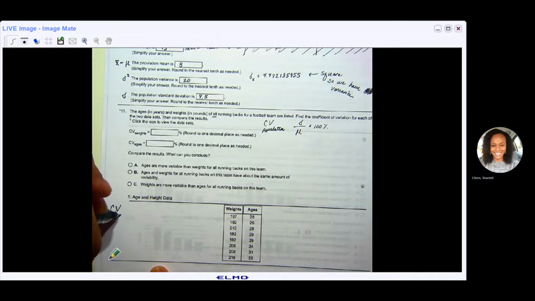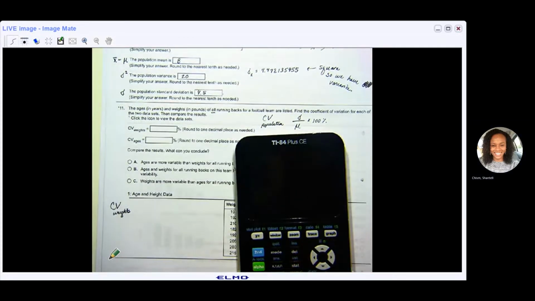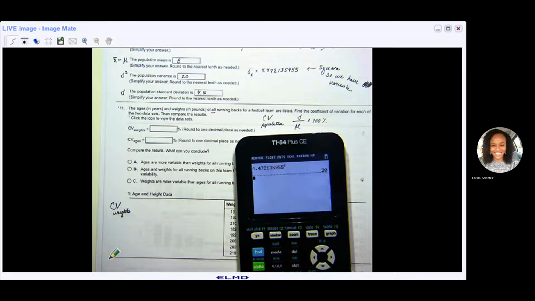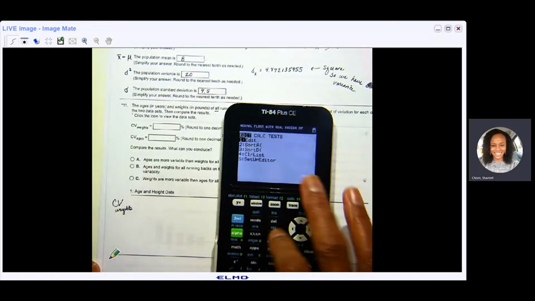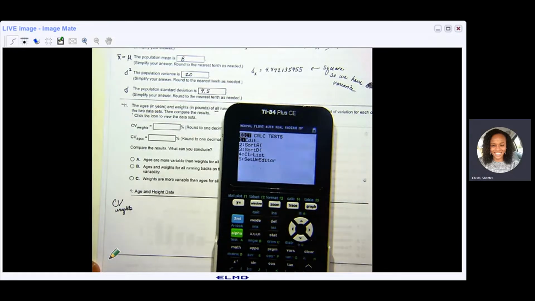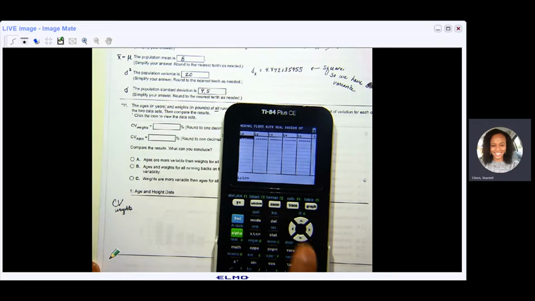ages. So for the weights, I'm going to place these values into the calculator. Okay. So we'll press Stat, Edit, and I'm going to clear out that list.